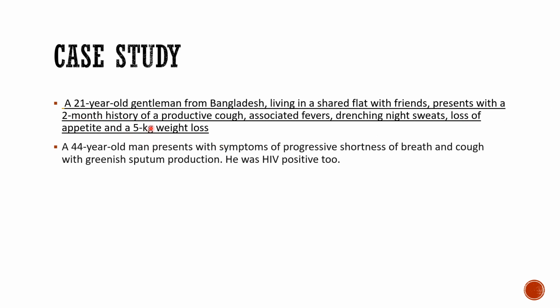He presents with a 2 month history of a productive cough, associated fever, drenching night sweats, loss of appetite, and a 5 kg weight loss. Next one is a 44-year-old man presenting with the symptoms of progressive shortness of breath and cough with greenish sputum production. He was HIV positive too. Both of these indicate the presence of Mycobacterium tuberculosis, and it is a case of tuberculosis.